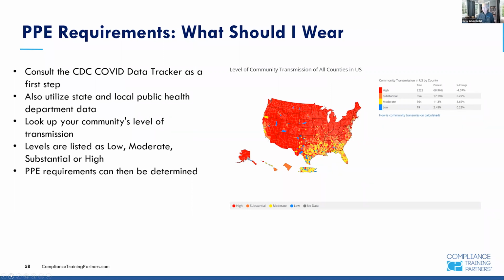Because there's a big difference in the PPE that you wear if you're in substantial to high or if you're in low to moderate. So go to the CDC COVID data tracker. You can also, of course, utilize state and public health department data to see where your community's level of transmission is. And at this point, now you can start to determine what PPE should be used.